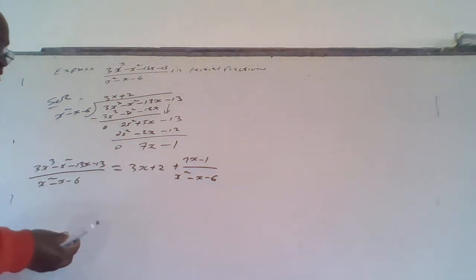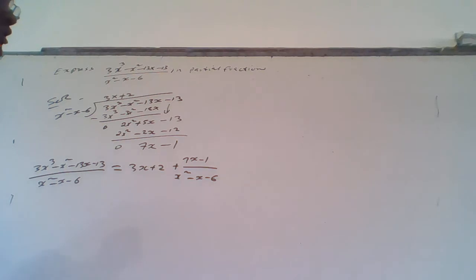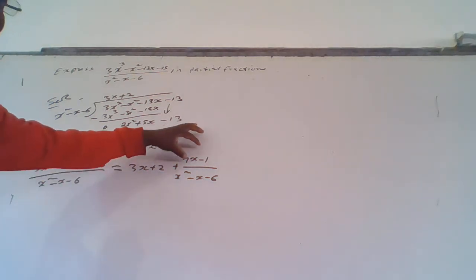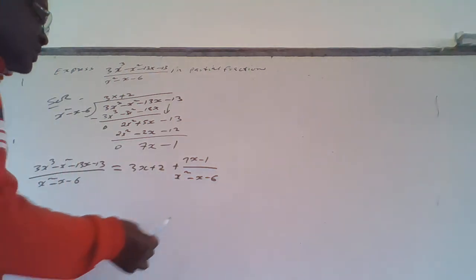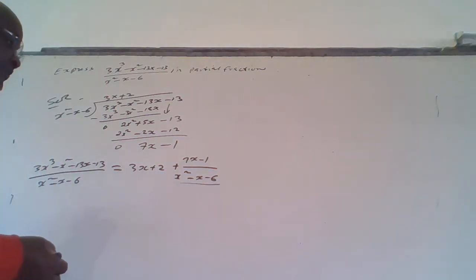So you can see that we have reduced the power of the numerator. The power of the numerator is now less than the power of the denominator. Therefore, we can now effect the partial fractions for this expression.